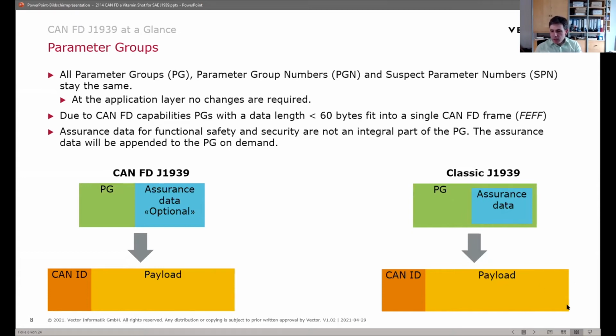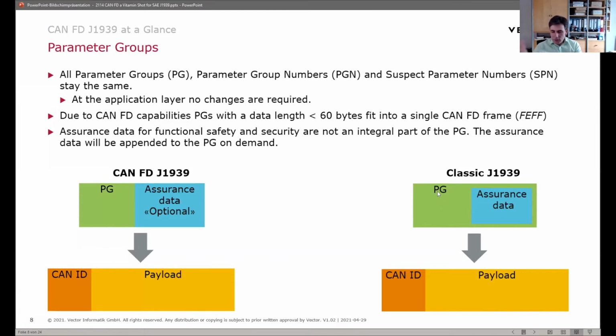And the limit here is certainly the 8-byte payload. And this limits the length of any CRC dramatically. And this does not really allow us to do state-of-the-art safety and security communication within the range of the classic parameter group definitions.